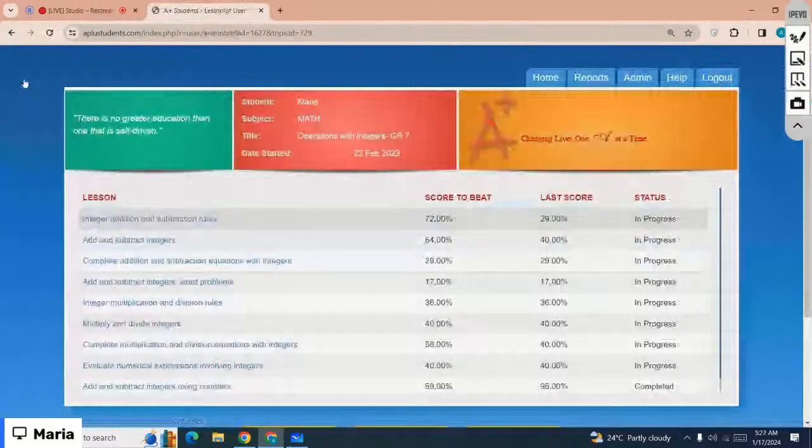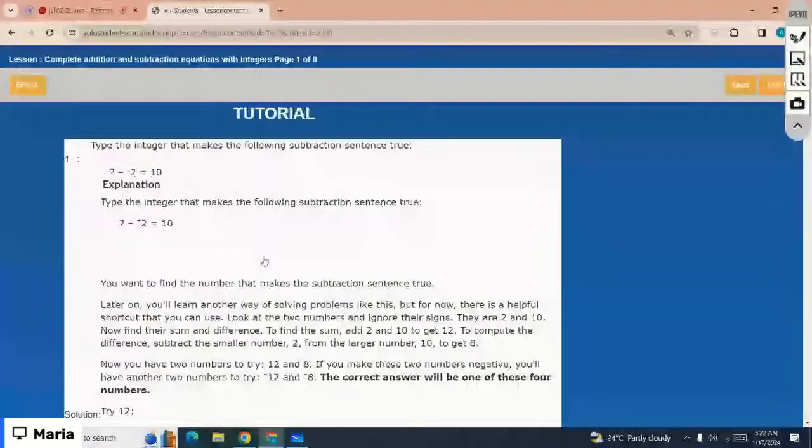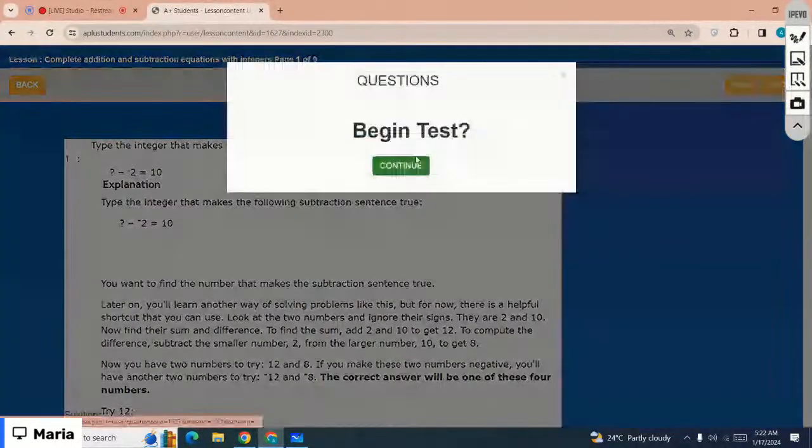Basically you are given the sum of the two numbers or the difference of the two numbers, and you have to find the missing number, right? Let's start with the test questions.